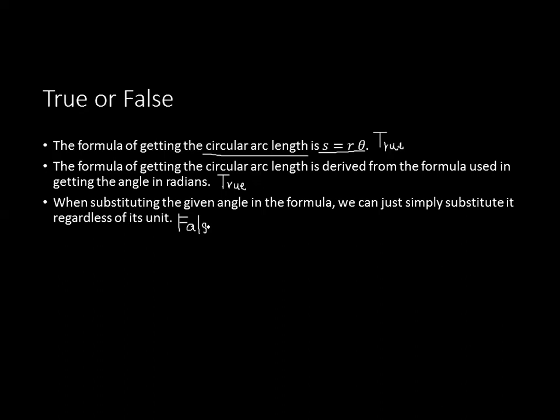Why though? Before you substitute anything in the formula, you must consider one thing. And what would that be? The theta should be in radians. All right? It should be in radians, not in degrees, but in radians.